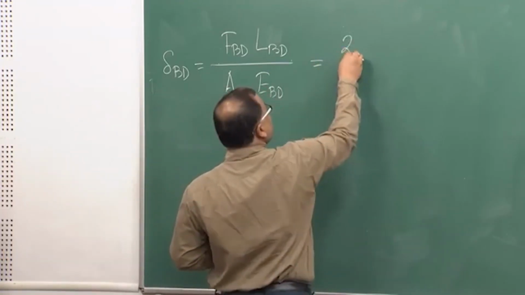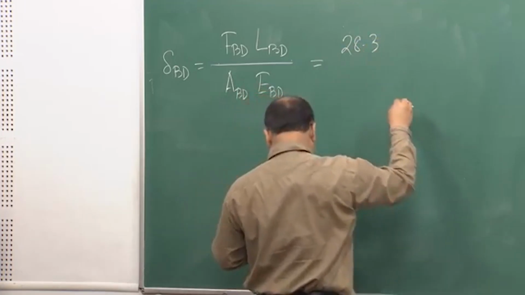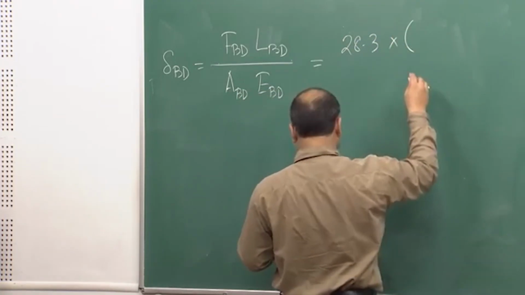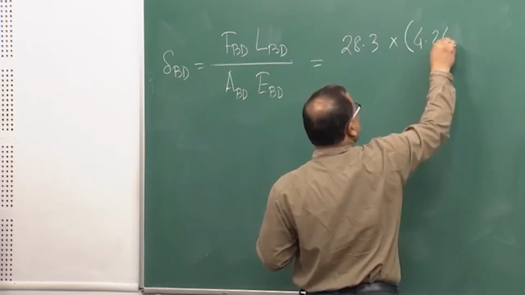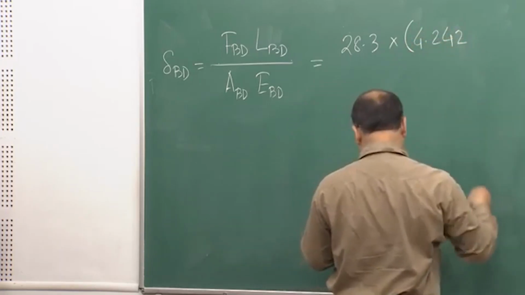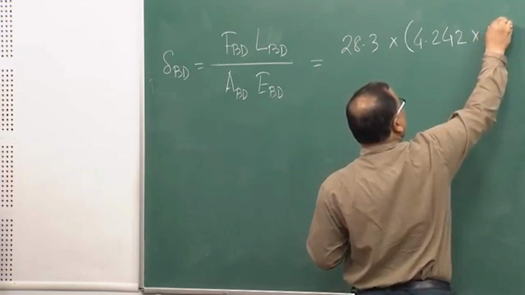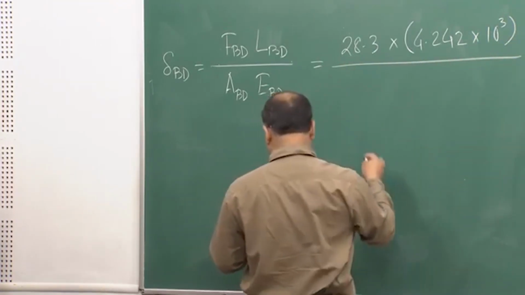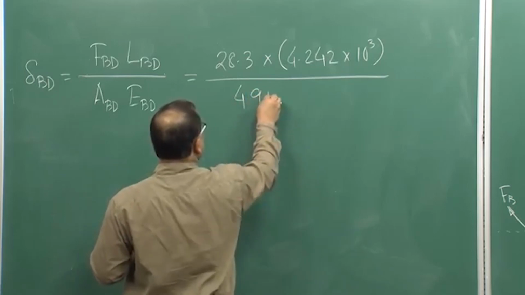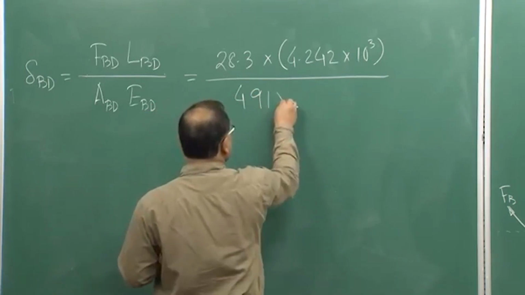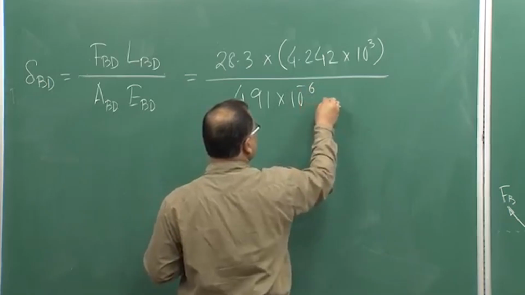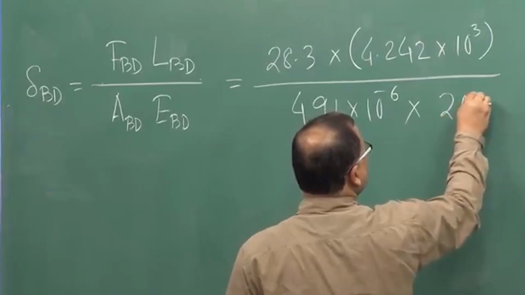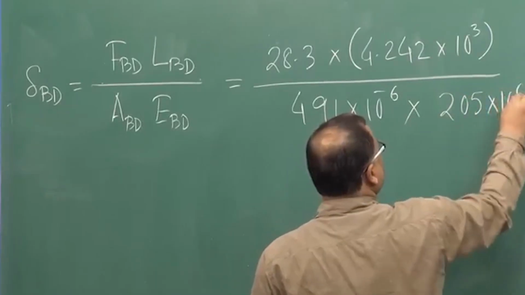So, you put the numerical values here. FBD is 28.3 into LBD, 4.242 into 10 to the power 3, by area, which is given as 491 into 10 to the power minus 6, into E, which is given as 205 into 10 to the power 6.